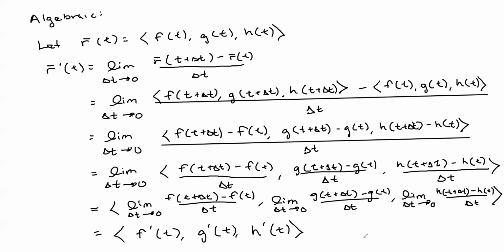Okay, so let's go through and do a couple examples related to this so that we can just practice and make sure that we recognize that result. All right, so let's say we're given that r of t equals 1/3 t cubed, natural log t, and sine t.